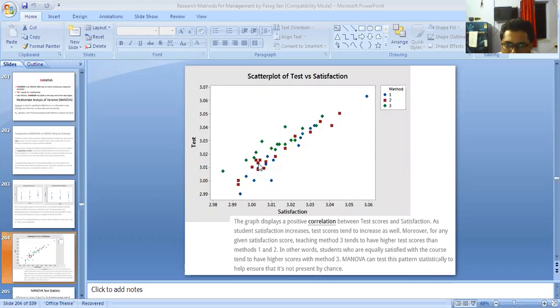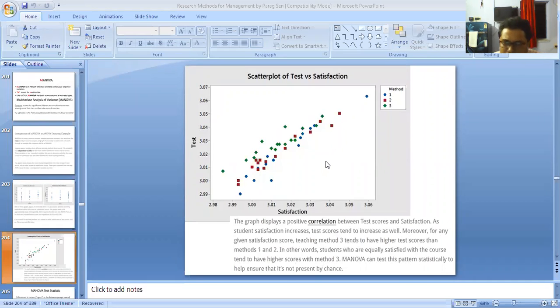And this student has the same satisfaction score, but he is getting the highest test score, because he has gone through teaching method 3. So MANOVA can test this pattern statistically to help ensure that it's not present by chance.